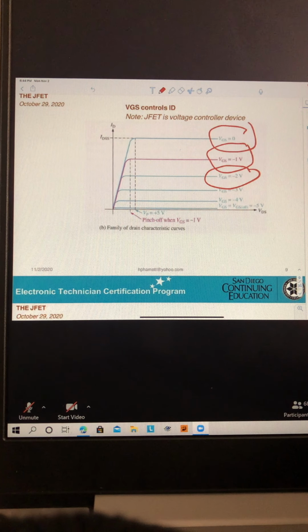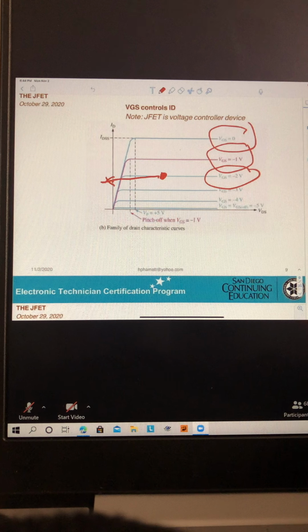For example, you get a point in here. What is VGS? Minus 2 volts. If you want the ID, you go to the left here, and that will be ID. So basically, VGS controls the ID. That's why the JFET is a voltage-controlled device.